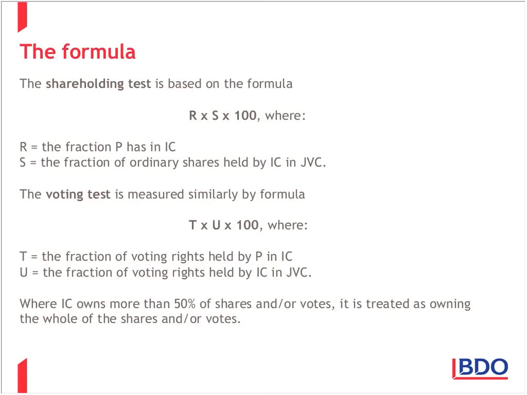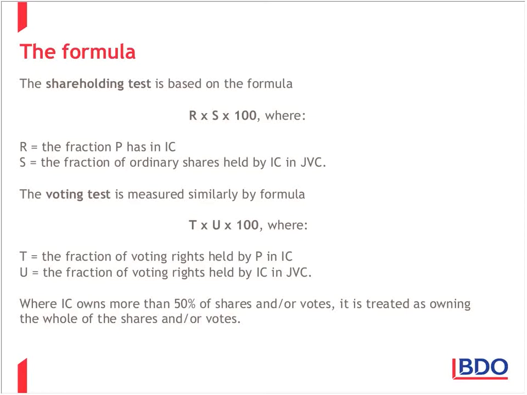So we've got 2 tests. We've got the shareholding test, which is based on a formula, R multiplied by S multiplied by 100, where R is the fraction that the employee or office holder has in the ordinary share capital of the investing company, and S is the fraction of the ordinary share capital held by the investing company in the JV company.